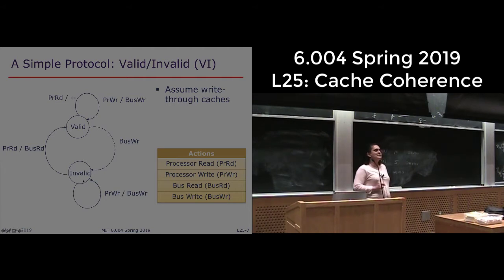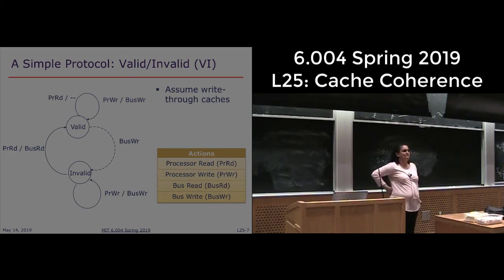This ensures that the other caches are not going to incorrectly respond to a load request with stale data. And finally, you'll notice that this valid-invalid FSM basically requires a write-through cache. Does anybody remember what it means to be a write-through cache?